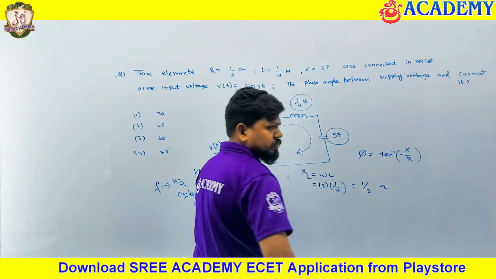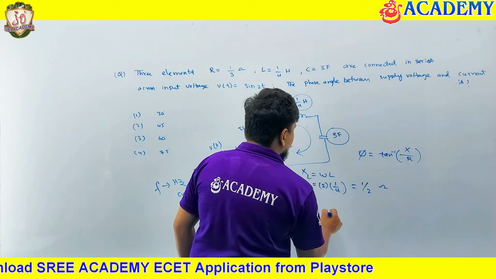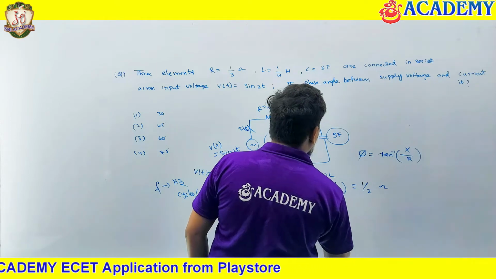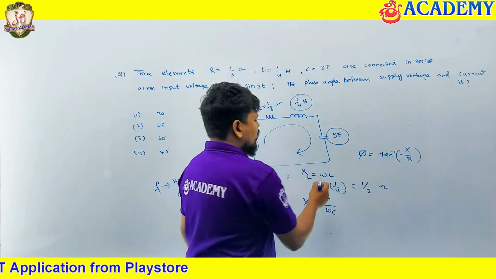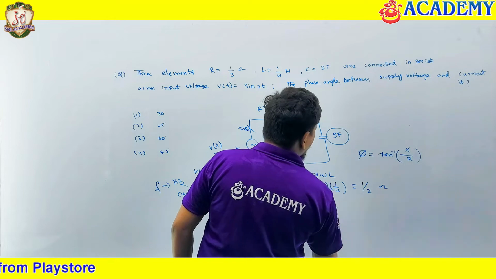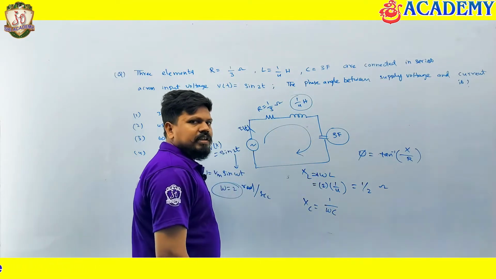This is positive. Now capacitive reactance XC is generally 1 by omega C, otherwise minus 1 by omega C. Inductive reactance is positive, capacitive reactance is negative. We can consider the magnitude as positive only, and then apply the negative while calculating the net reactance.